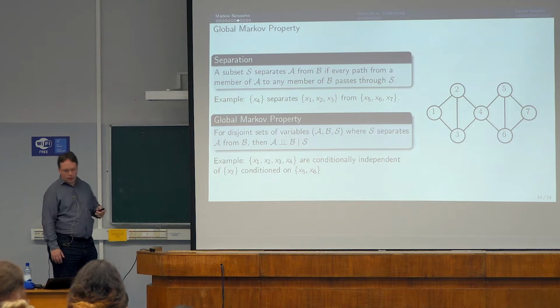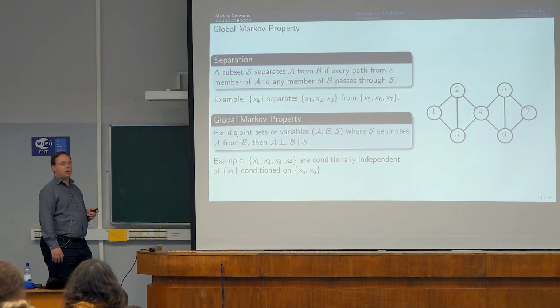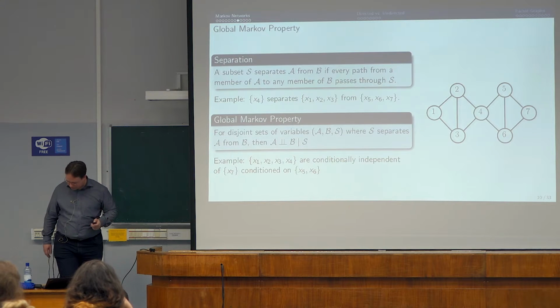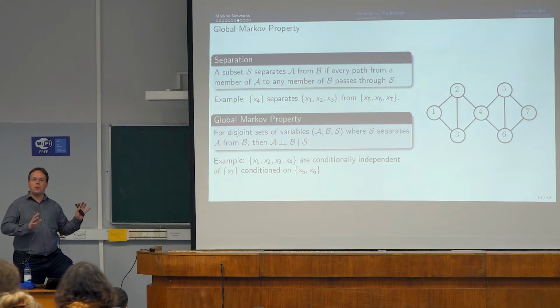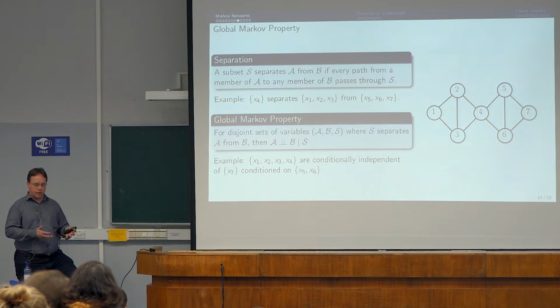And the formal way of looking at that is the so-called global Markov property. So we look at, again, subsets of variables and how they relate to each other when you condition on others.